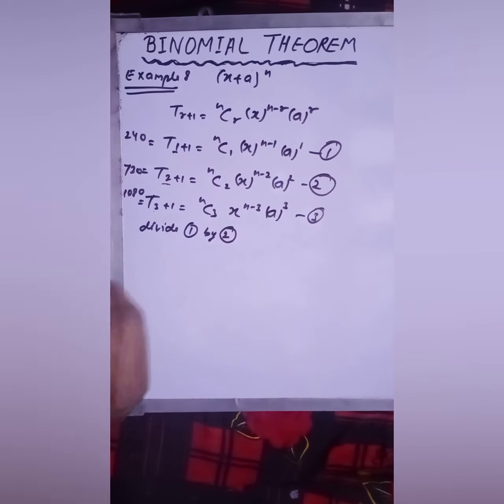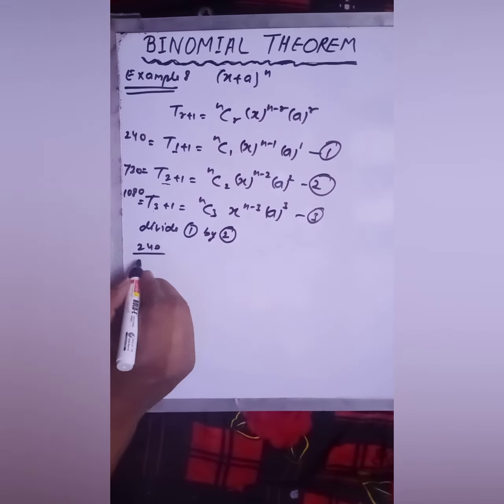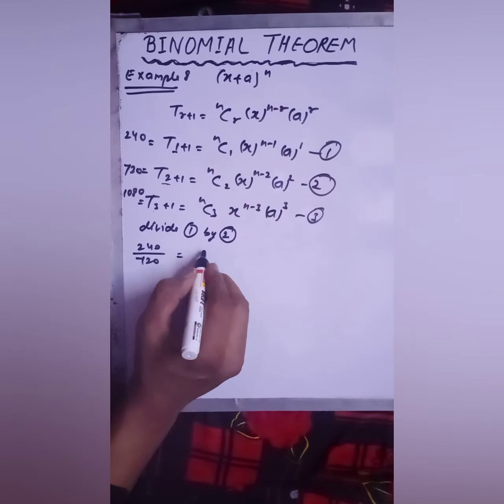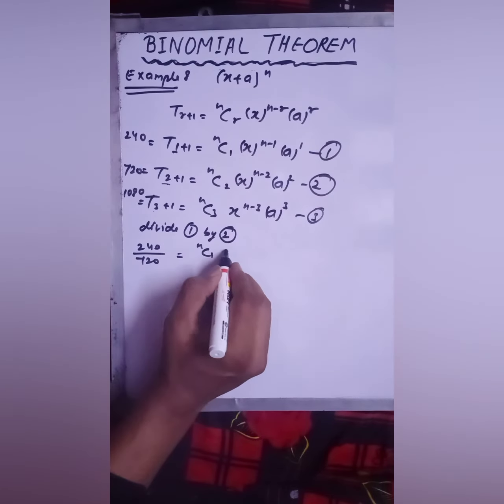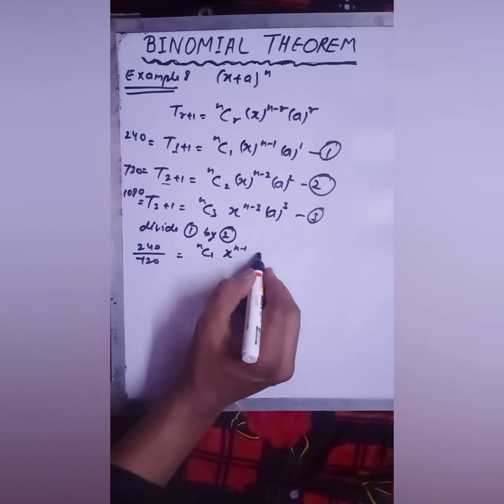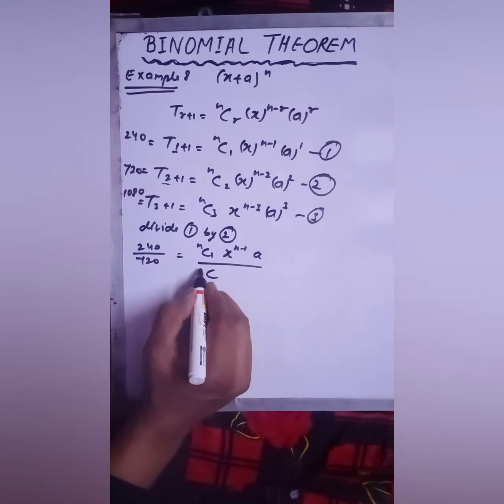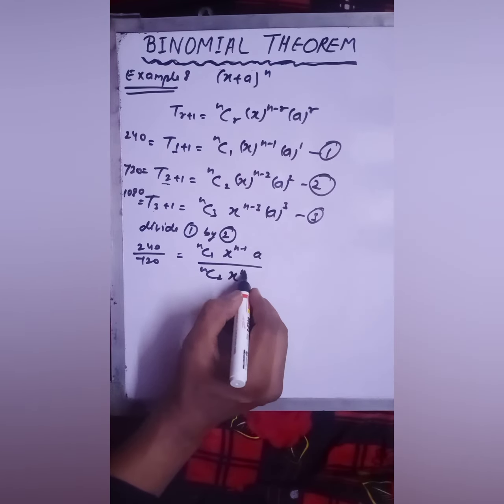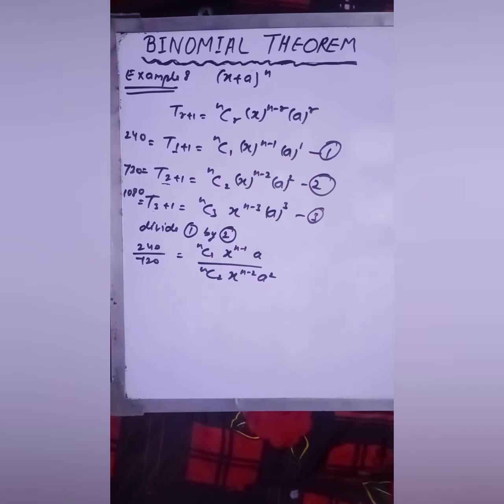One by 2. Okay, so you will get 240 over 720, that is equals to nC1, x to the power n minus 1, a only, over nC2, x to the power n minus 2, here a square will come.